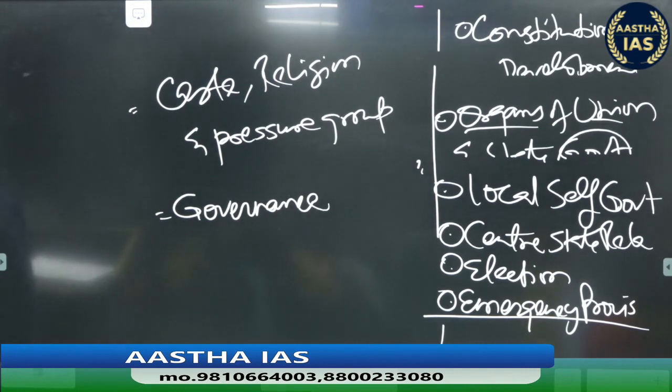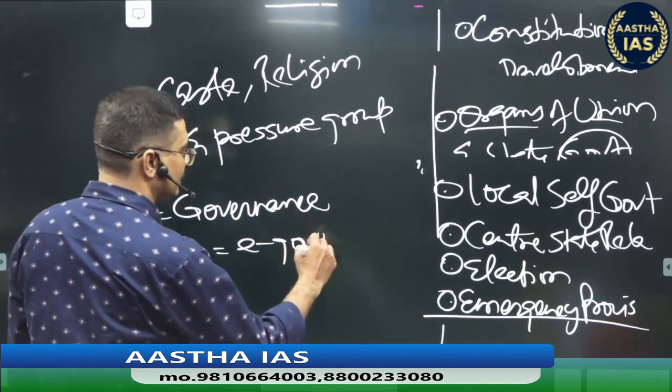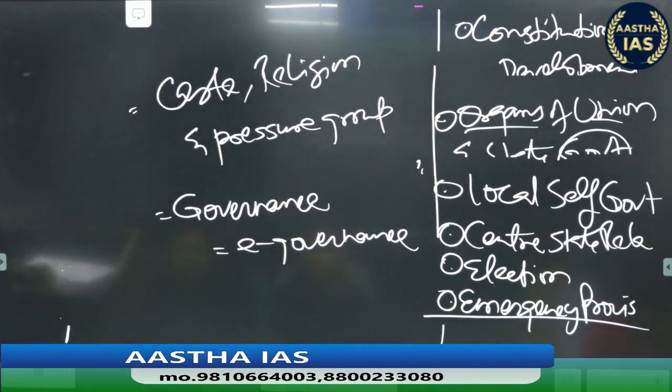One of the questions has appeared from e-governance also. So governance, e-governance. So basically when we refer to governance, the reference is good governance. Governance is the concept and the output is good governance. Itni baat we'll read.